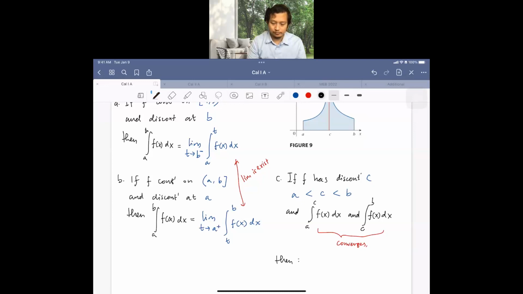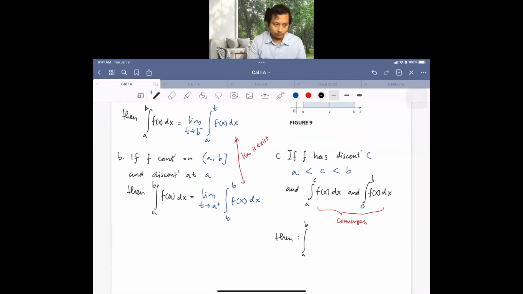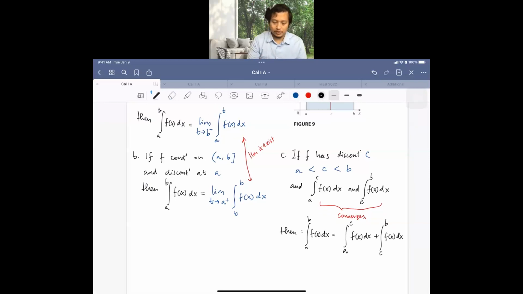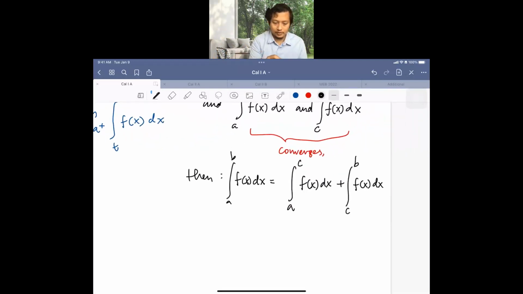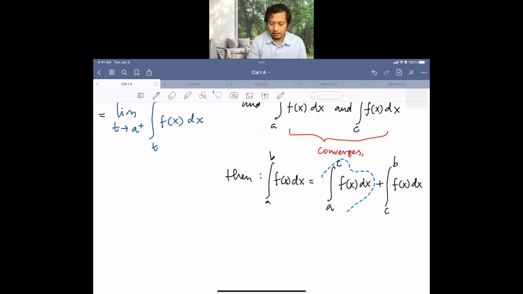Then, or to be precise, it's supposed to be having a limit. We define this like usual integrations, and if this is having a discontinuity at C, then we just take the limit.